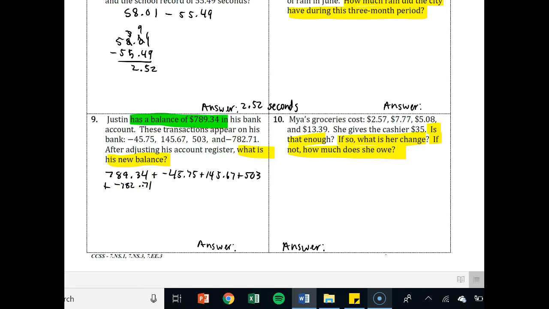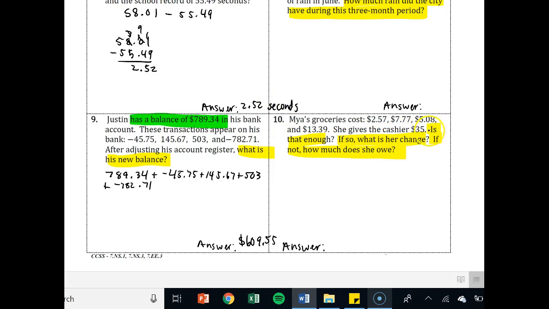Now again, I'm allowing you to use the calculator on this one, so 789.34 plus a negative 45.75 plus 145.67 plus 503 plus negative 782.71 gave you 609 and 55 cents. All right, so a lot going on there. You can again kind of use the same thing.